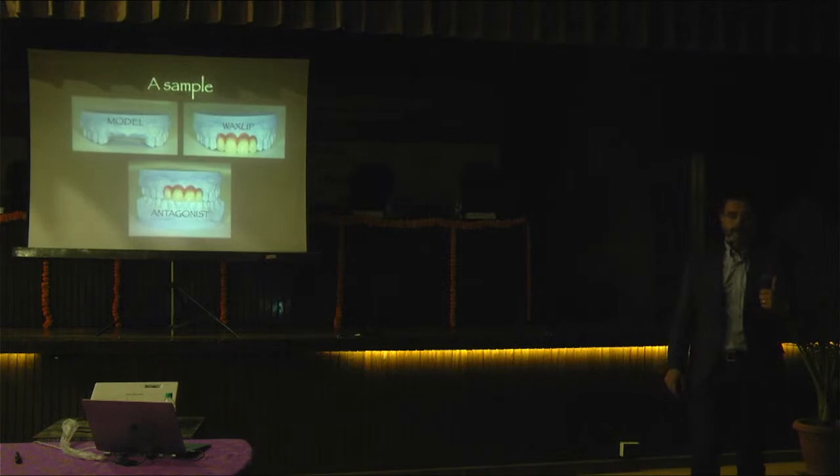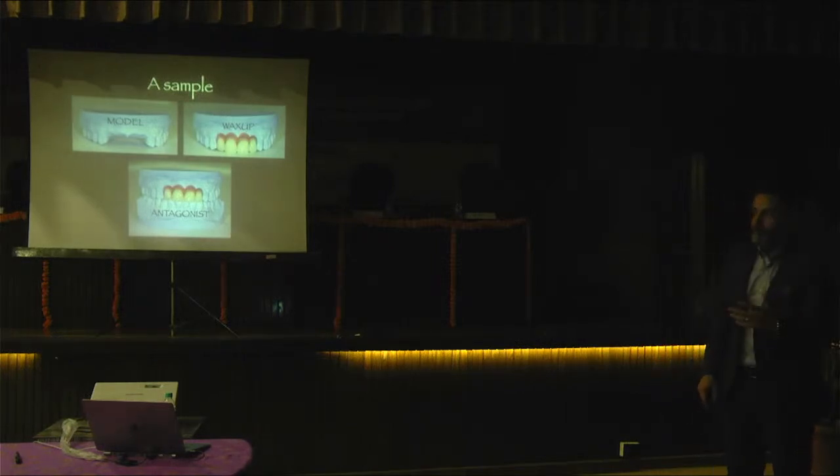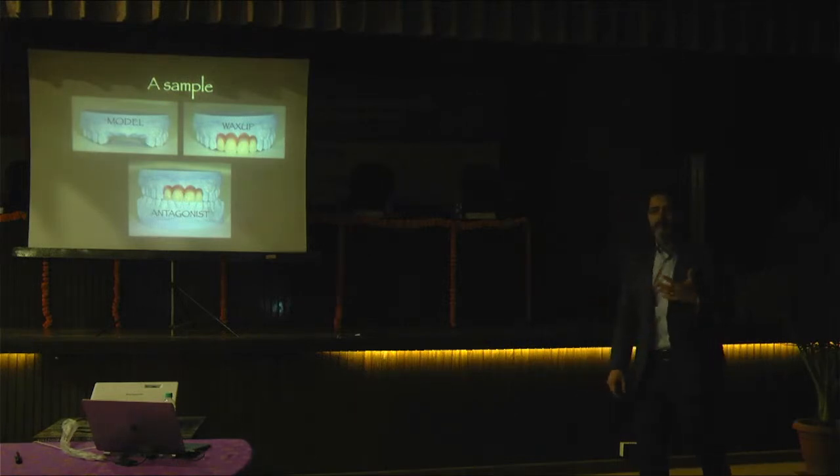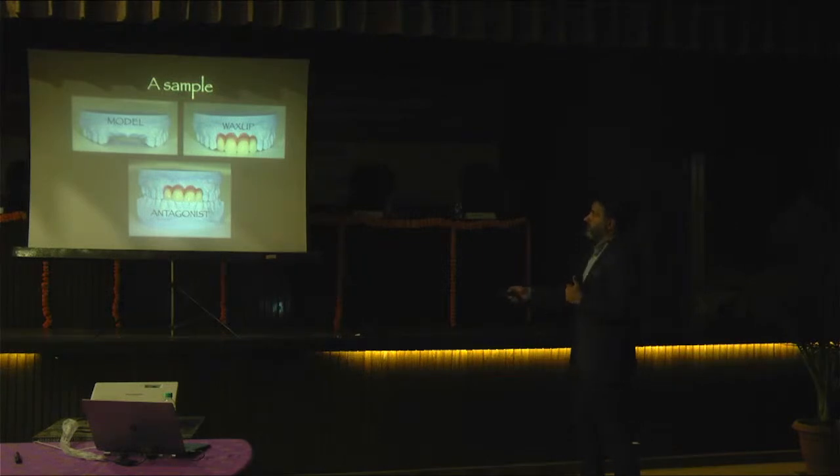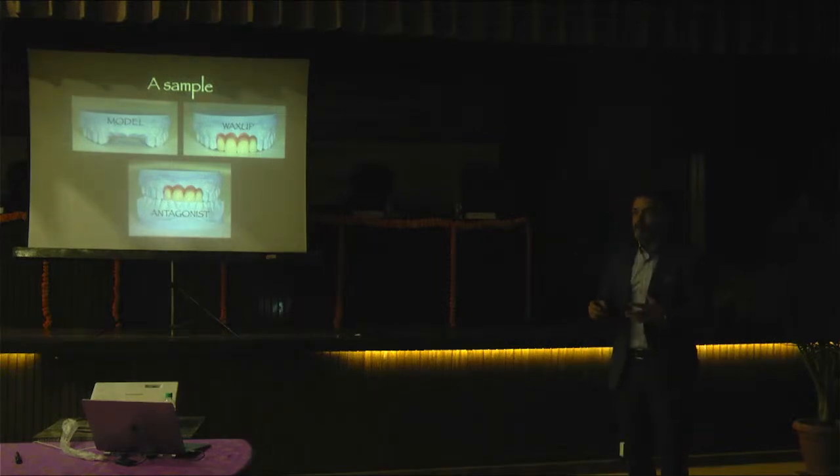A sample. Think that we have a missing part in the 21, 22, 11, and 12 region. And first, we get the STL file and DICOM data from the model. And then, as I told you before, all the protocol is a prosthetically driven protocol.